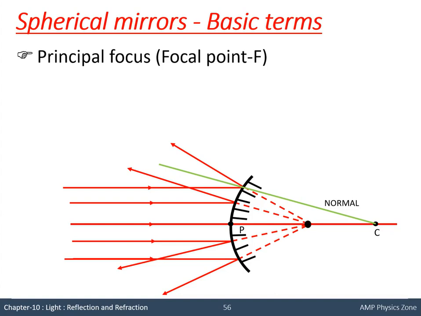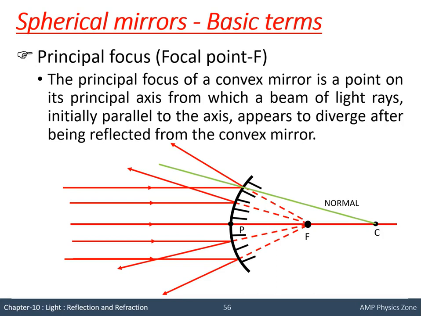It is supposed that they are coming from this point. So they appear to diverge from a point which is called the principal focus. Appear to diverge means they are not actually diverging, but they appear to be coming from point F. That is the meaning of appear to diverge.